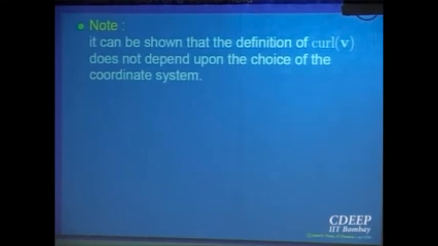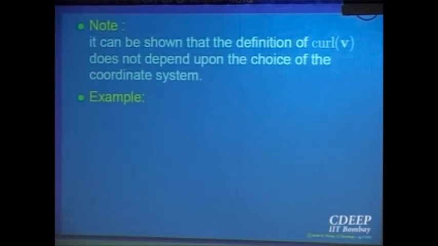And once again, let us point out how the notion of curl is defined with respect to the components of the given vector field v. It is independent of the coordinate system that you use, which can be proved, but we will not do it at this stage. We'll assume that the definitions of divergence and curl are independent of the coordinate system.